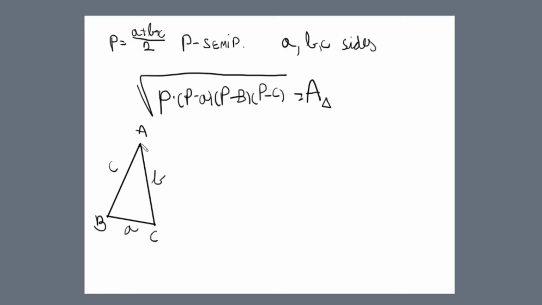So the way that I calculated my formula is I said, let there be a height coming from A into BC. So this is perpendicular. And let's say this is H. And we're going to write BH.